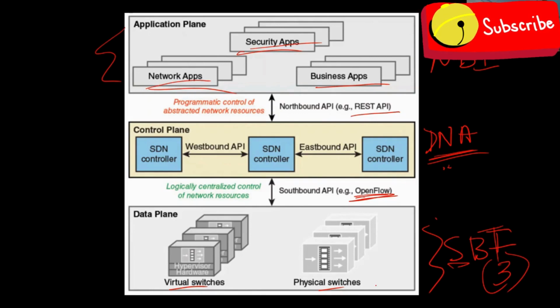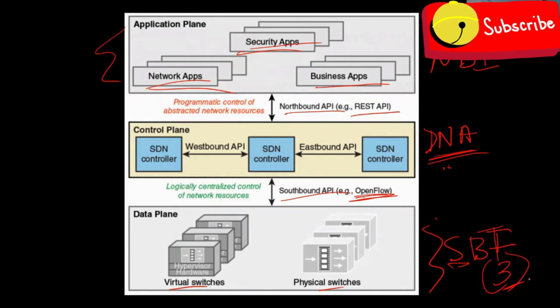So how does that work? APIs. APIs are going to talk between our different software so they can work together and accomplish the task at hand. But you must know the different components. And that's why we talk about DNA, NBI, SBI, and our three little bits in SBI.